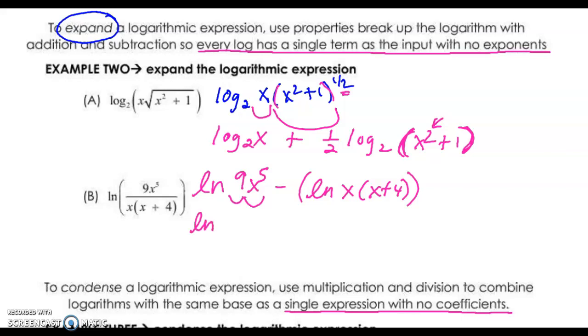So this is the natural log of 9 plus the natural log of x to the 5th, which I'm just going to write as x to the 5th for now. One step at a time. Okay. Minus the natural log of x plus 4.